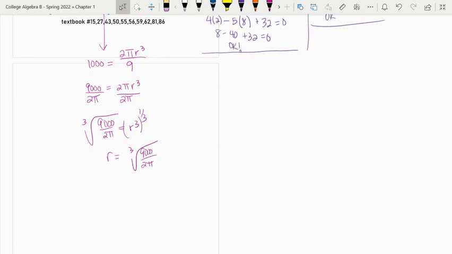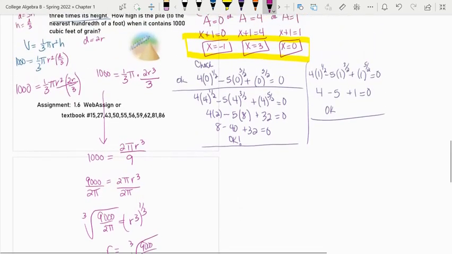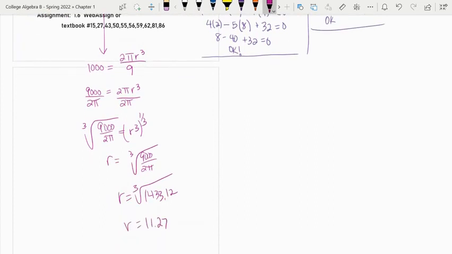So r would equal the third root of 1433.12, which is r will be 11.27. And it wanted the nearest hundredth of a foot, so that would be the answer. I'll label it feet.